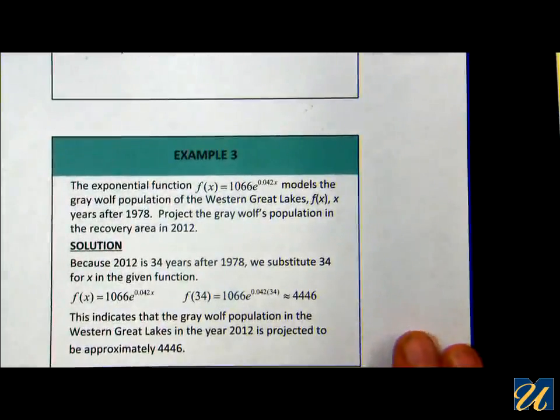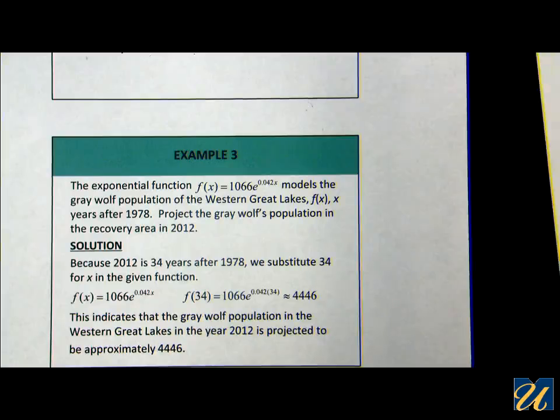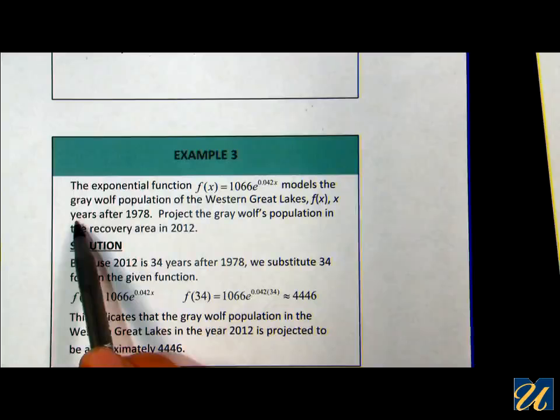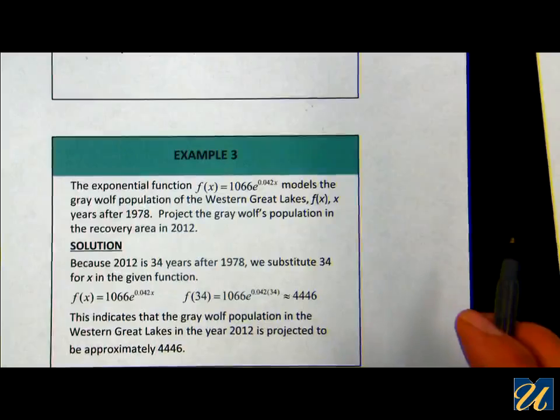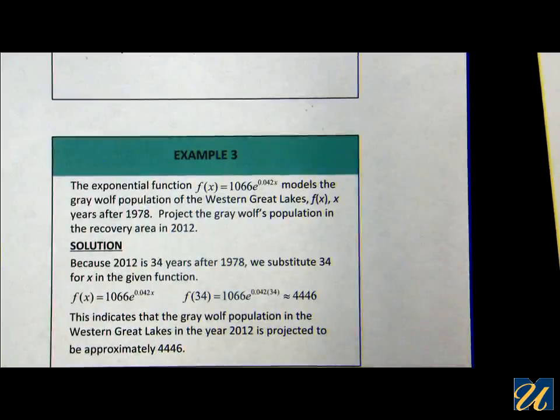Example 3. This exponential function models the gray wolf population of the western Great Lakes. F of x is the measurement of the wolf population, and x is measuring the time, specifically the number of years after 1978. Project the gray wolf's population in the recovery area in the year 2012.